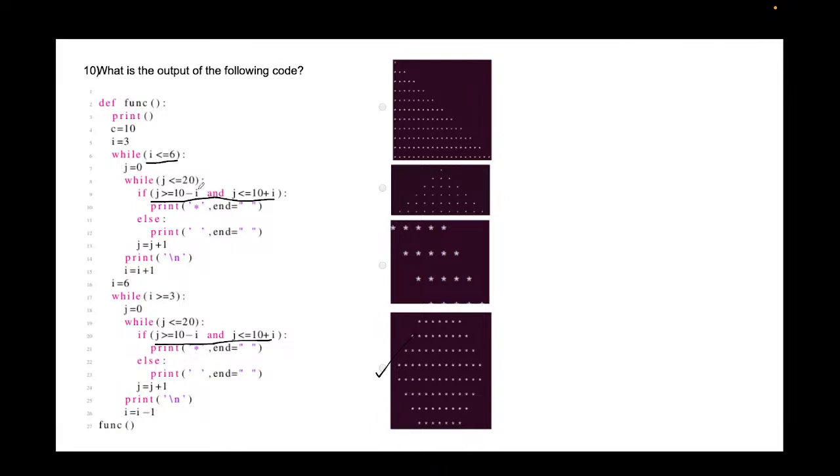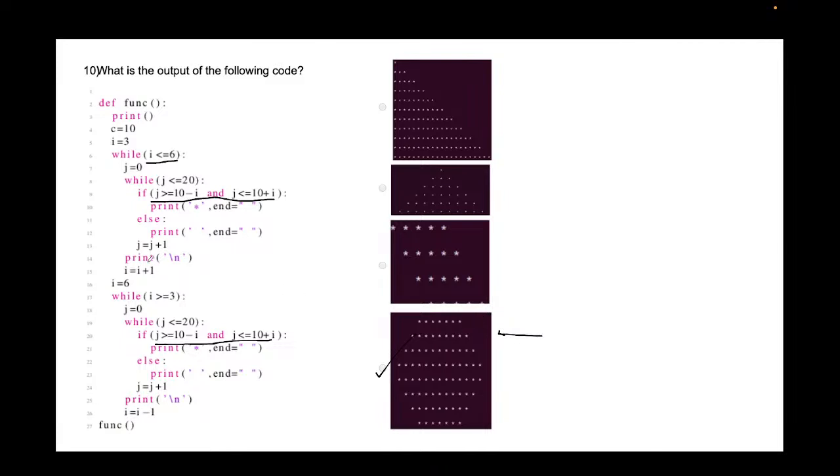I is just defining the bounds of j. Obviously when it increments, the bounds of j will be different all the time. That's why you see the width of this star pattern getting different every time.